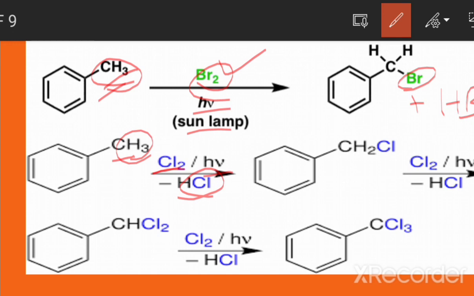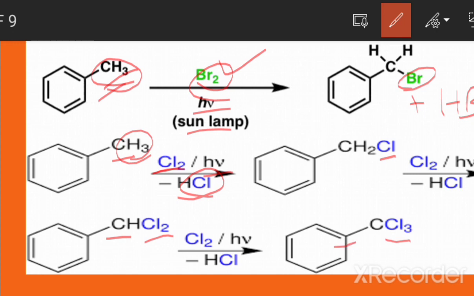and in the first step one chlorine will attach to the carbon. In the next step two chlorine atoms will attach to the carbon, and at last three chlorine or halogen atoms will attach to the carbon that is directly attached to the carbon of the benzene ring.